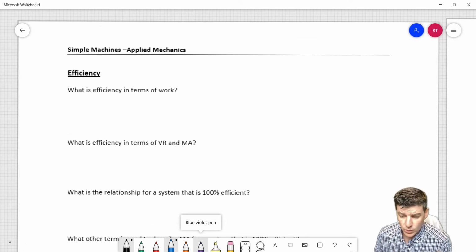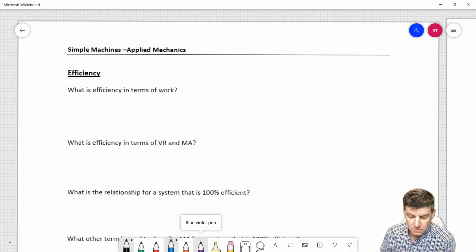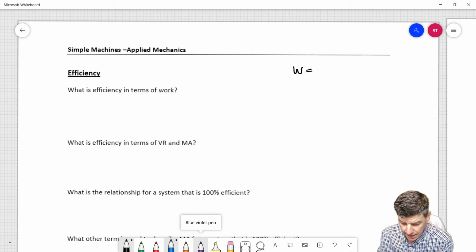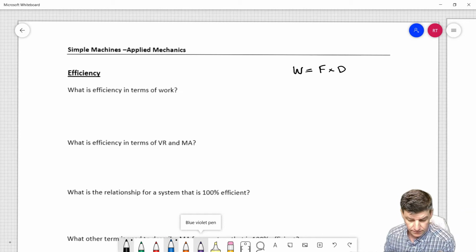Okay. We use the term work, so we said simple machines make work easier. Okay, and so let's explore a little bit about work. First of all, when we talk about work in mechanics, it's a force times a distance. So work is equal to a force times a distance. Okay, so let's see if we can figure out what efficiency is in terms of work.